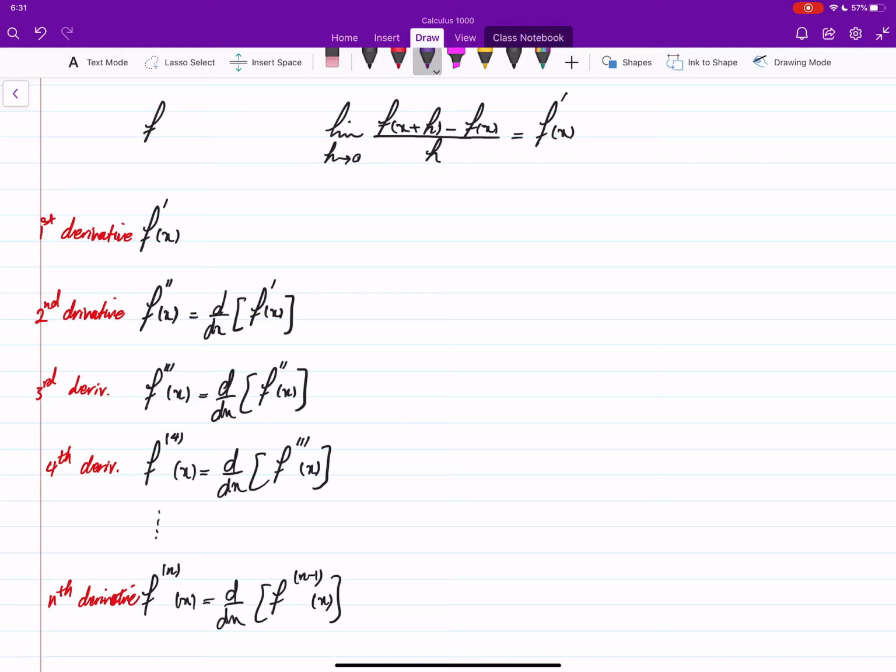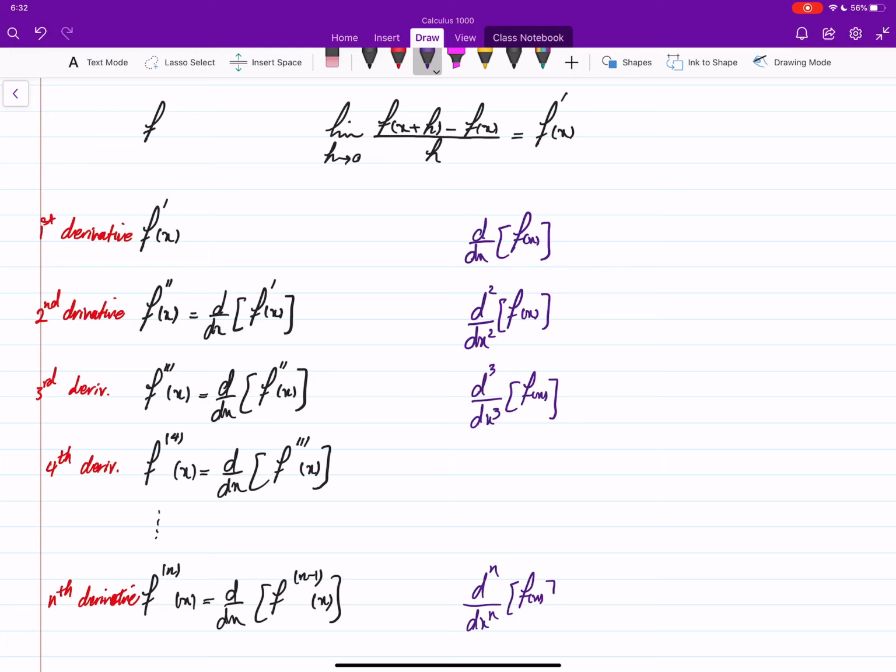For example, first derivative, as we have been using, like this is the first derivative, and you can go ahead and write the second derivative by this, the third derivative by this, and the nth derivative by this. This is nth derivative function.